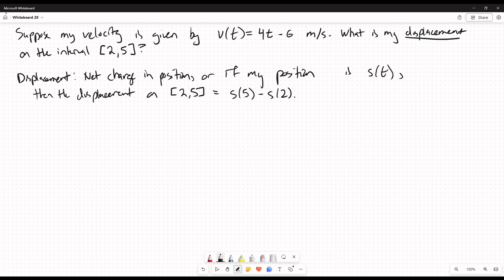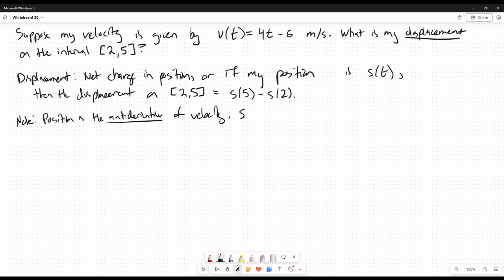Now, it would be lovely if we had the position function, but all I was given was the velocity function. But we do know one thing. Position is the antiderivative of velocity, which is another way of saying that velocity is the derivative of position, which is like one of our key Calc 1 facts.